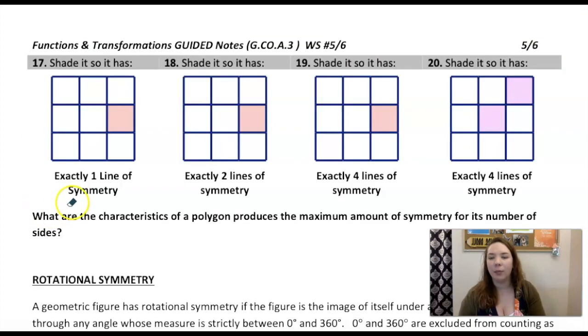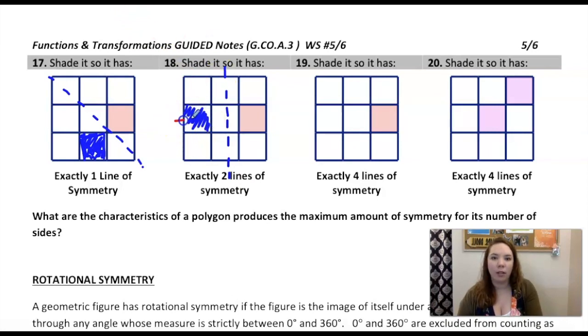So it has exactly 1 line of symmetry. So I'm going to assume my line of symmetry is diagonal, and then straight across would be right there. You could have done the other way and shaded up here, but we could not have done straight down and straight across, because even if we do just straight down, if I flip this over, that's going to shade here.